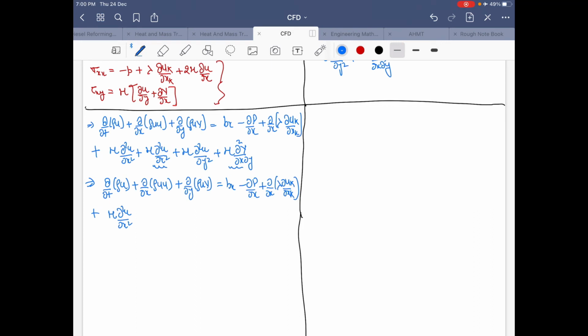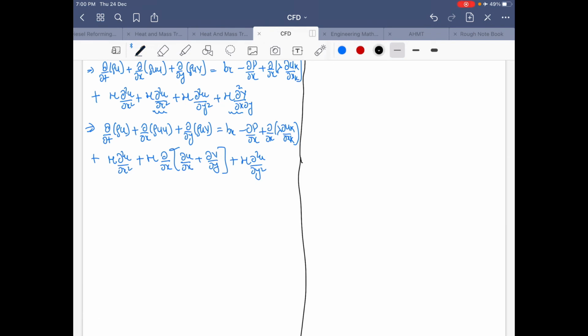I can write plus μ ∂/∂x(∂u/∂x), plus μ as a common ∂v/∂y, plus μ ∂²u/∂y².